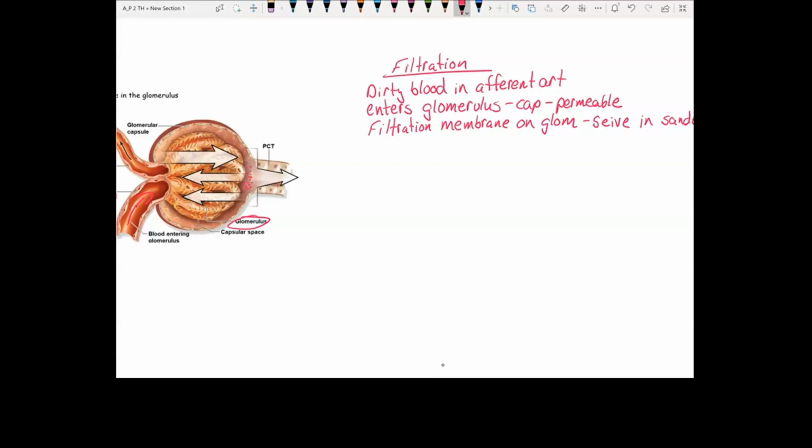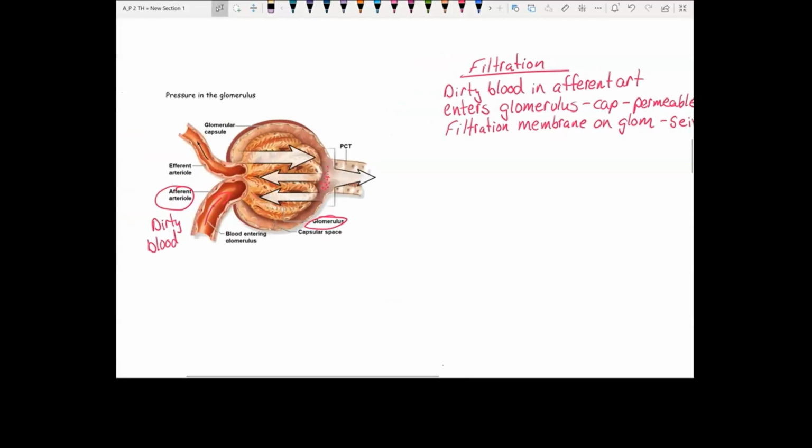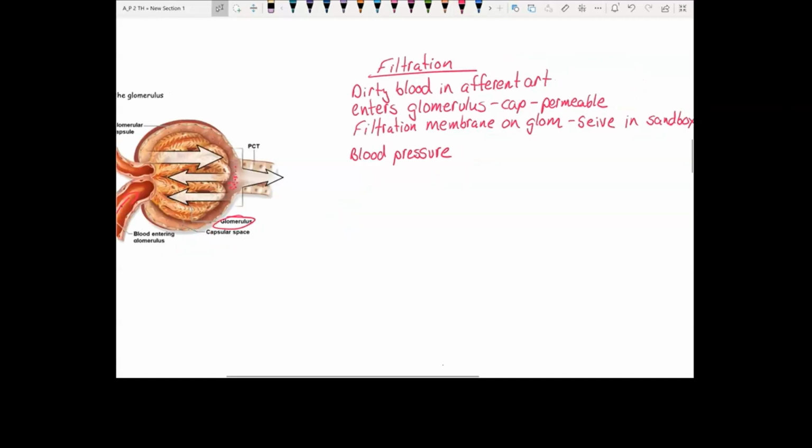Okay, so we will look at the forces that push those small molecules out. So you have blood pressure. You rely on blood pressure to push the blood through the glomerulus and push those small molecules out.